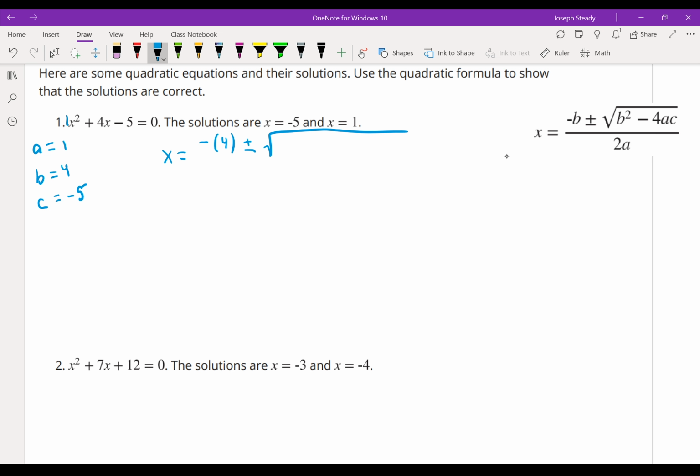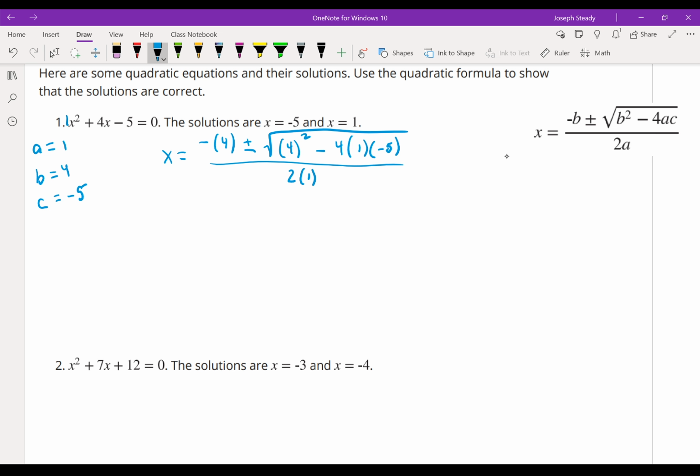Then we have the big square root. And under that big square root, we again have b squared, which is 4 squared, minus 4 times a is 1, times c is negative 5. This is all divided by 2 times a, and again, a is 1.